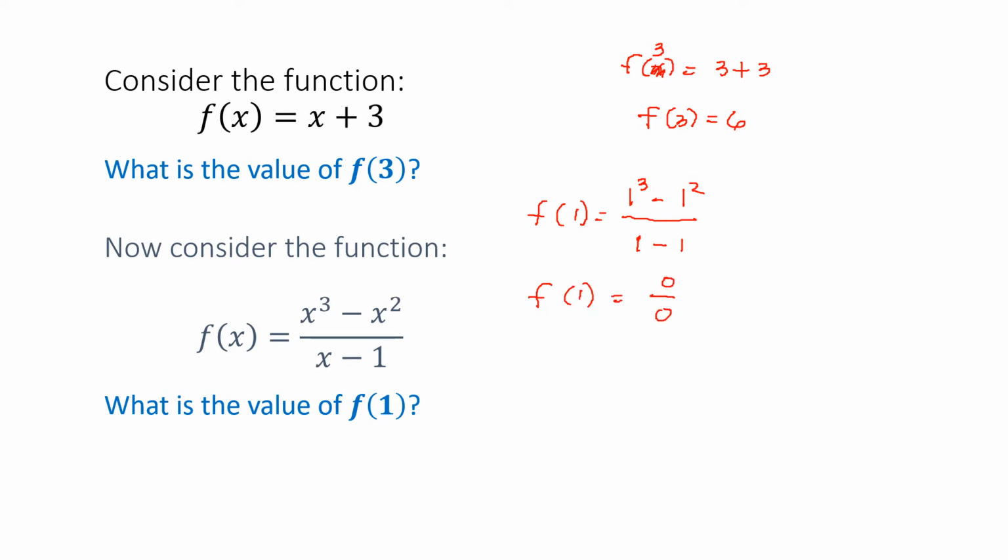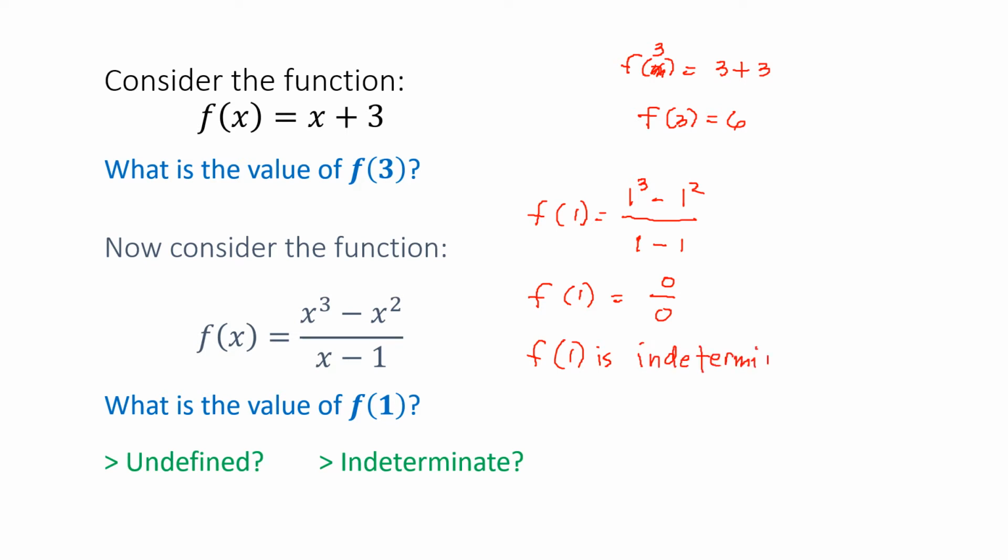So therefore we say that f of 1 is indeterminate. Now remember, when we say undefined, we mean that the denominator is a 0 and the numerator is a non-zero. It could be either positive or negative. But if it's indeterminate, it's both the numerator and denominator that are zero.